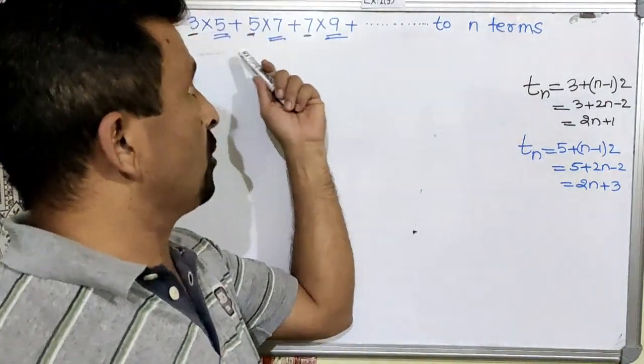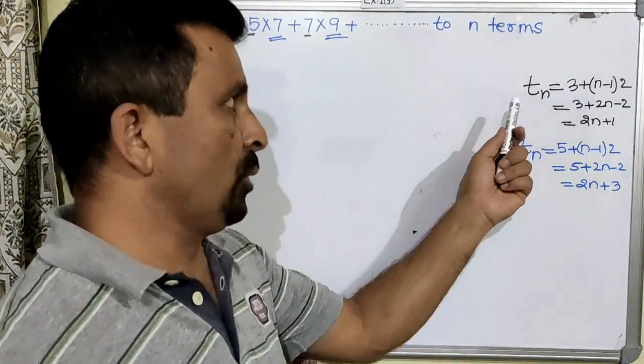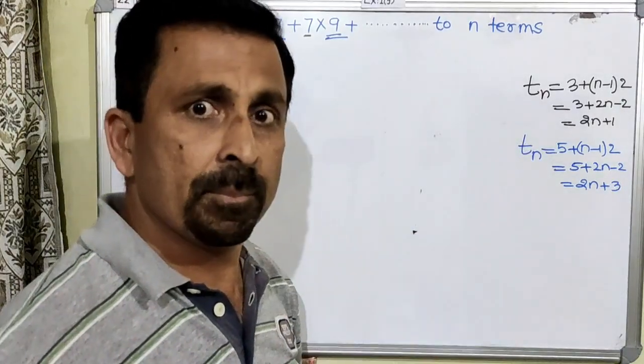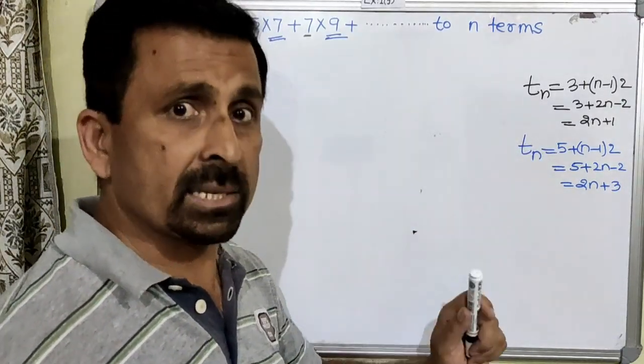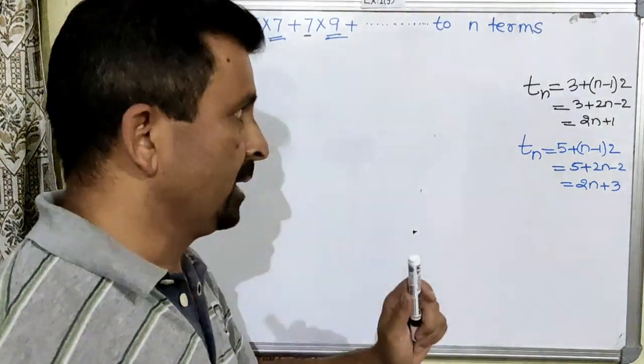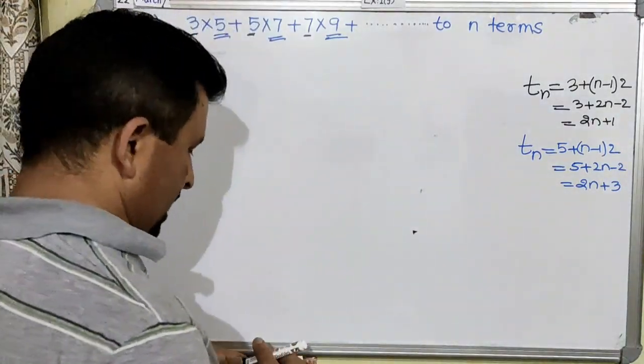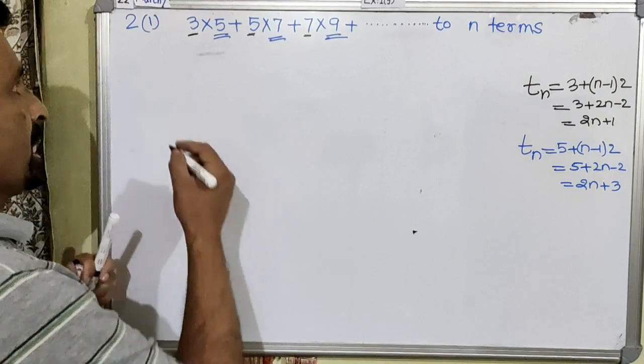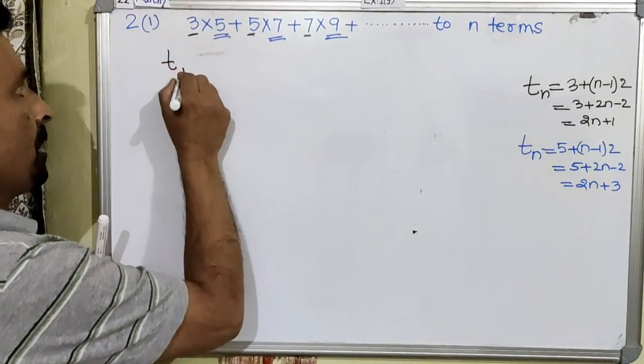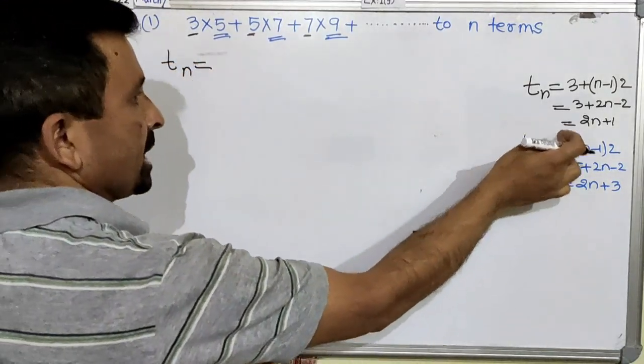Therefore, when you calculate the nth term of this given series, you have to get the product of this and this. That will be your final nth term of the given series. So, we will get the actual nth term of this series by multiplying this and this.